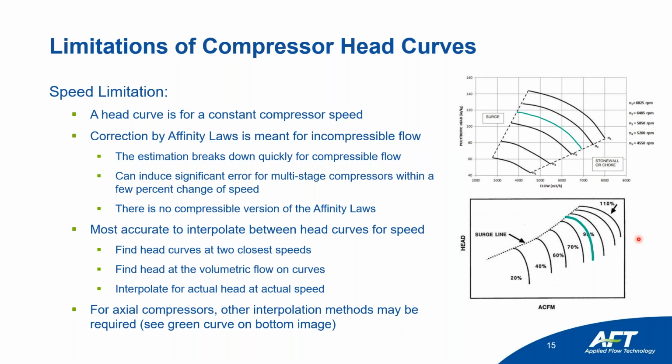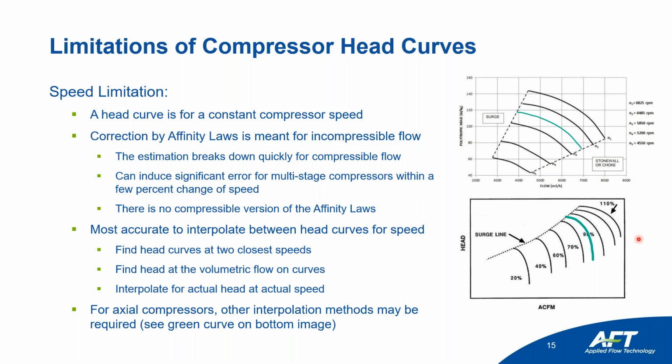So just keep in mind when you compare the head curve that was adjusted by affinity laws to the actual RPM value of a different speed curve for that same compressor. So just be very careful using those.